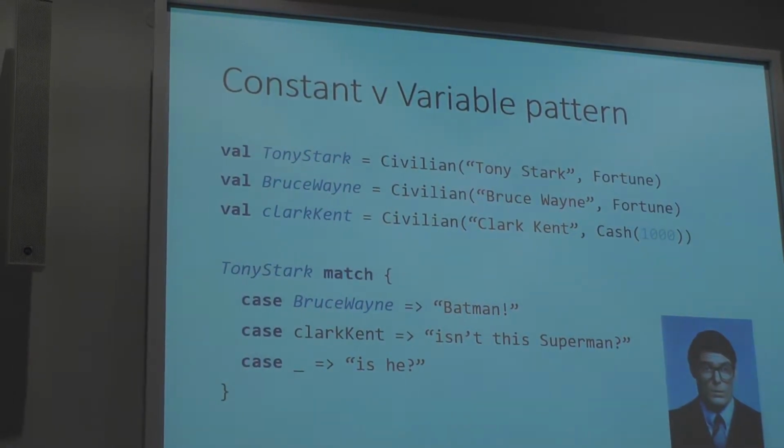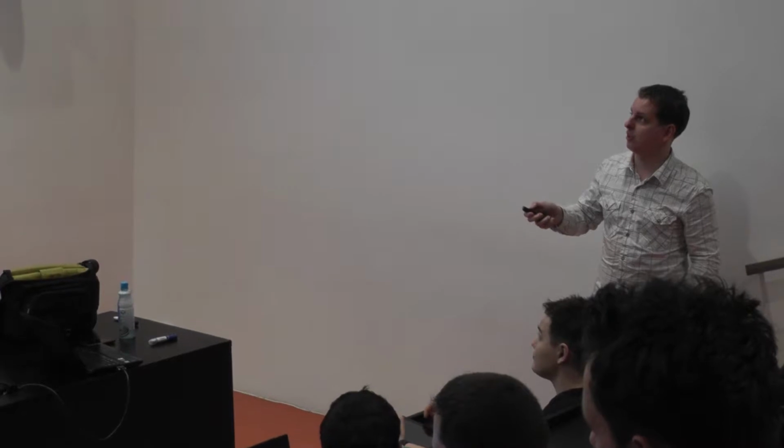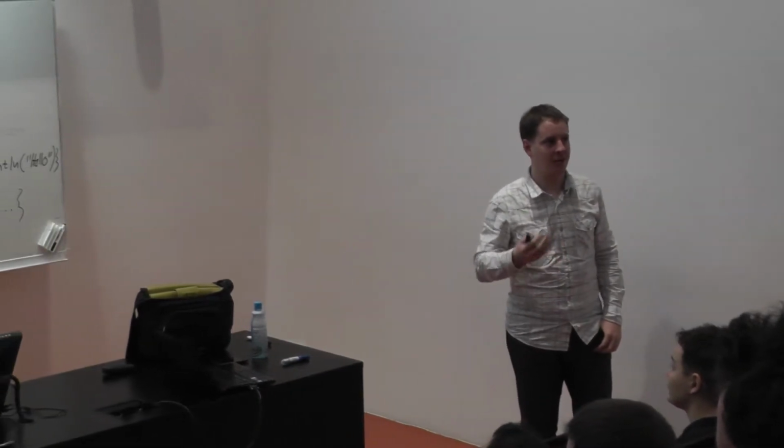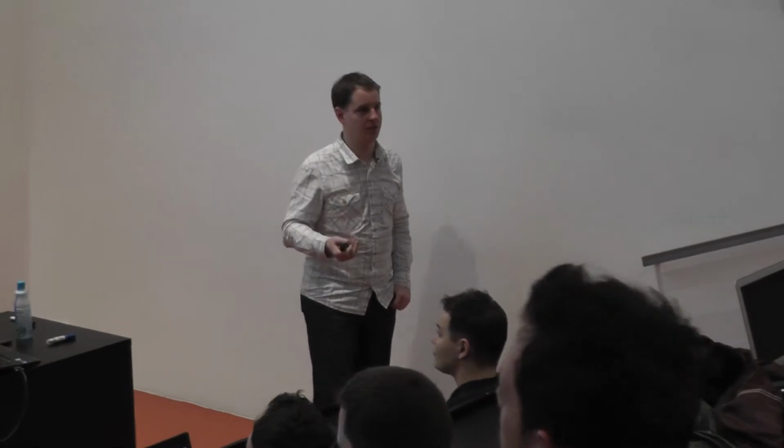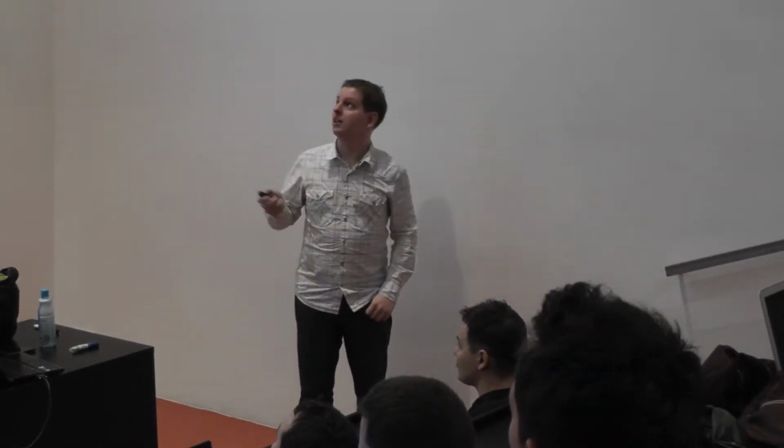So the authors of the language could have chosen one way to differentiate between these two rules with another kind of symbol, some other kind of keyword which would clutter the code, or what they actually chose was to depend on the convention. And conventionally, the constants, and again, it doesn't matter if it's a val or an object, start with an uppercase letter.